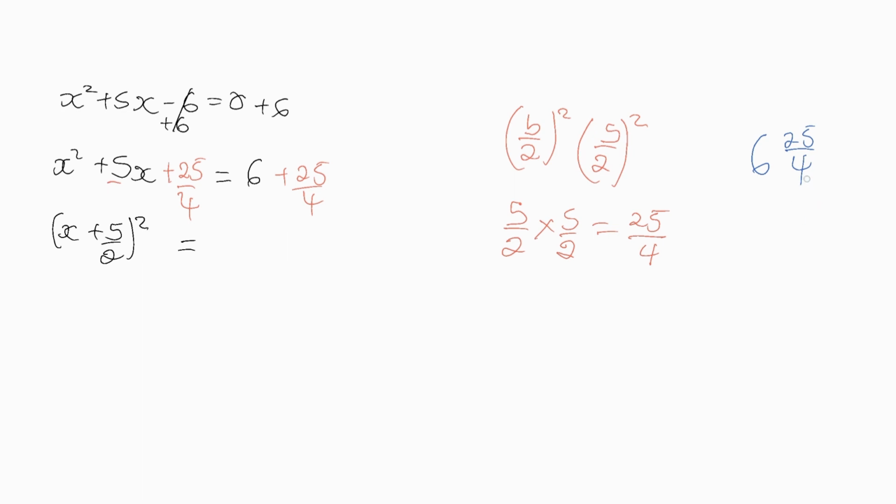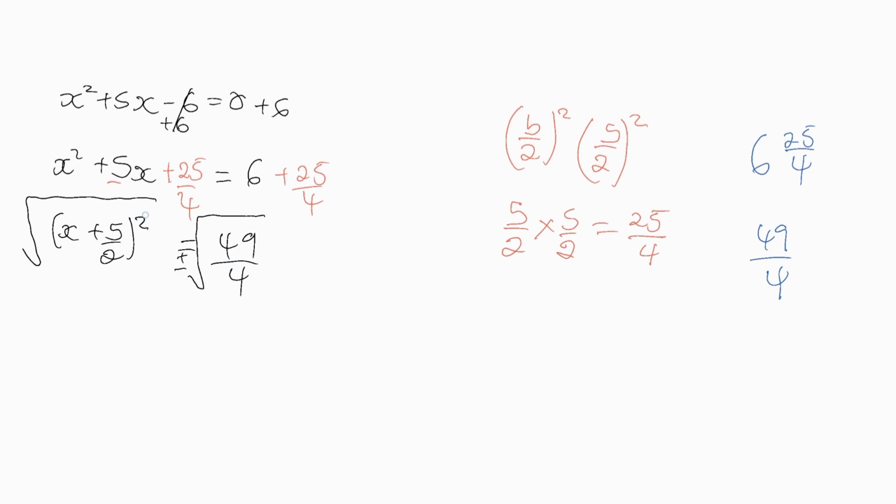Let us change this into a top-heavy fraction. 4 times 6 is equal to 24. 24 plus 25 is equal to 49. All this is over 4. So here we will have 49 over 4. So the next thing, we will find the square root of that, the positive and negative root of 49 over 4.